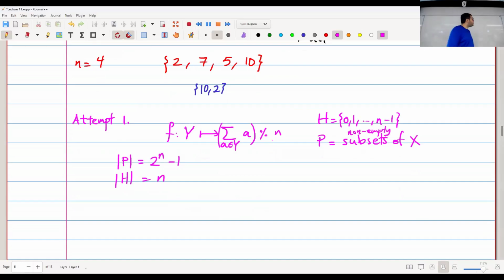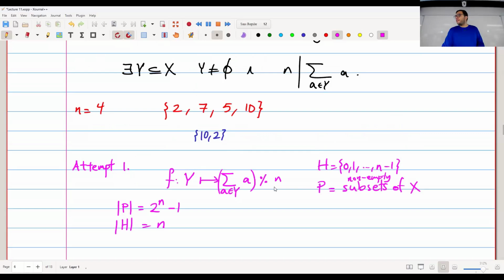So I'm mapping 2 to the power of n minus 1 pigeons to n holes. Well, the number of pigeons is more than the number of holes, so I can say that there are two pigeons that are mapped to the same hole. But does that give me an answer? It just tells me that there are two subsets that have the same sum modulo n. But that doesn't mean that I can create a subset that has sum 0 modulo n.